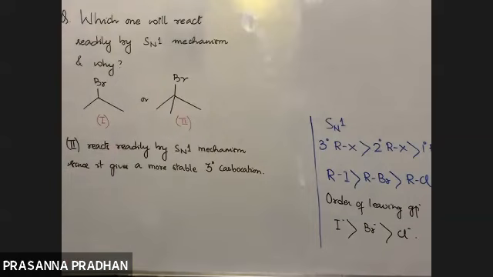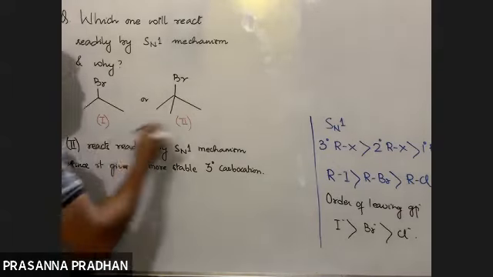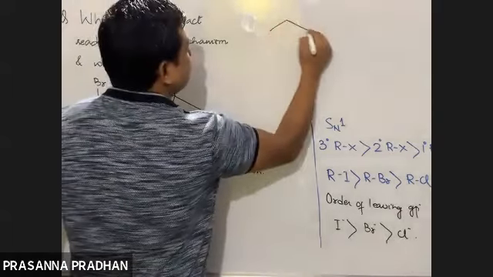So 2 will react more readily than 1. Why? Because 2 is a 3-degree alkyl halide, so it gives a more stable 3-degree carbocation. Simple as this. Or if the question comes, which will react readily by SN1 mechanism and why?